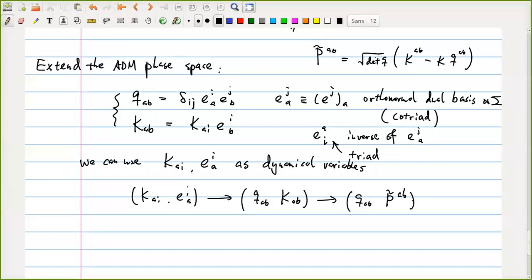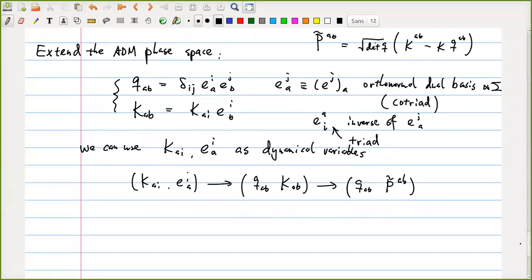However, although from the left we can determine the right, from the right we cannot uniquely determine the left, and there are gauge redundancies.